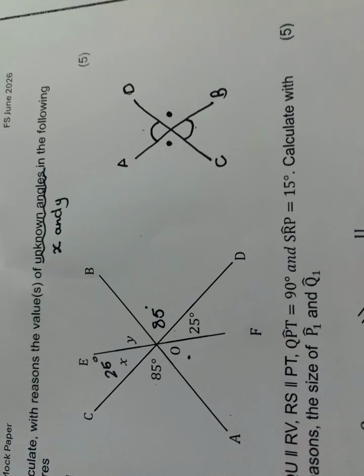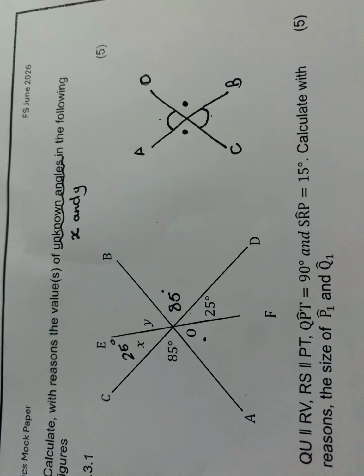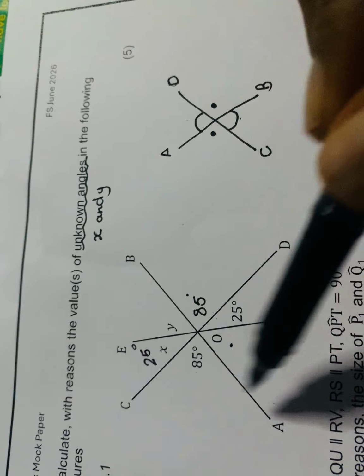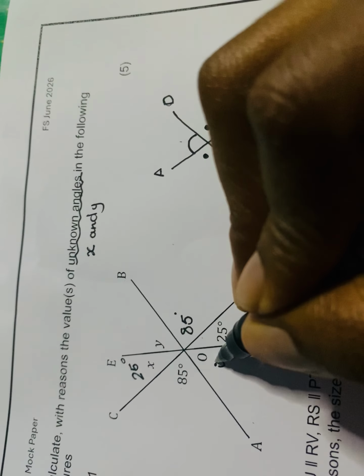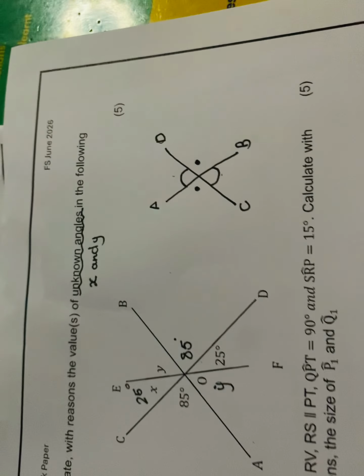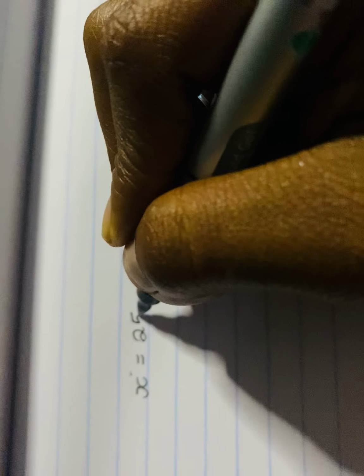So there are two methods in doing this. You can either do it with angles around a point, or with angles on a straight line. Now let me show you. Right, we start with x. We said that x would be equal to 25 degrees.